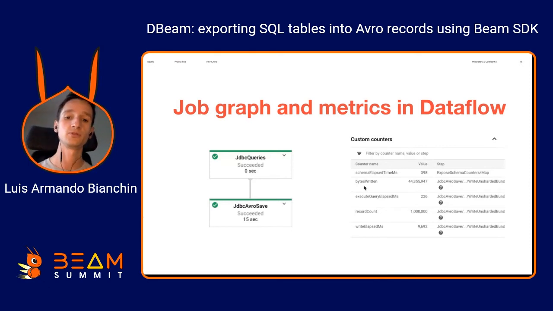So this can be used to roughly know how much data is being exported, but also what is the throughput of the export. And if your data grows, then this can serve as an indication that you might have to restructure how you export or how you persist the data in the database.